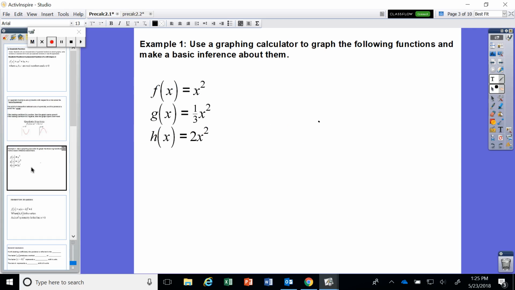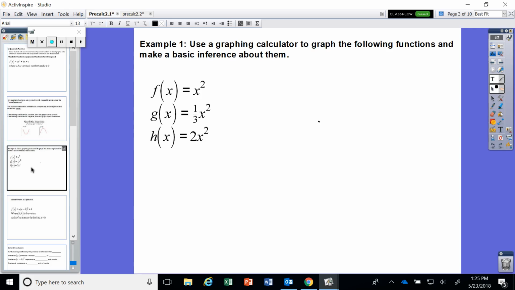All right. So let's start off pretty basic as we look into them. If you have your graphing calculator handy, by all means go ahead and look at it. But what I want to show here in just this basic example is to think about what is happening in each of these different scenarios.